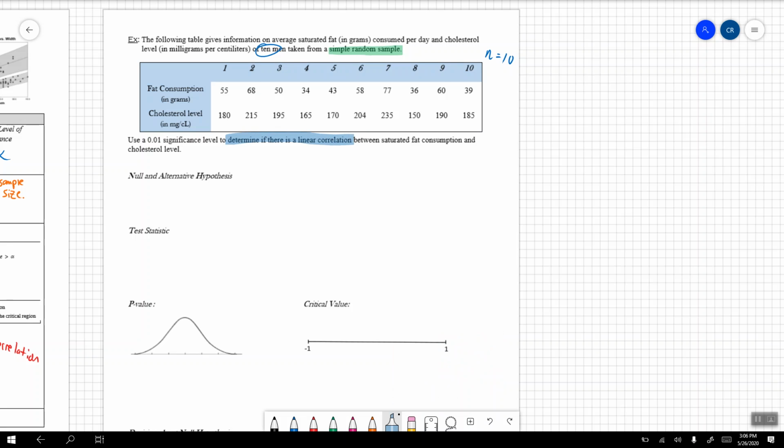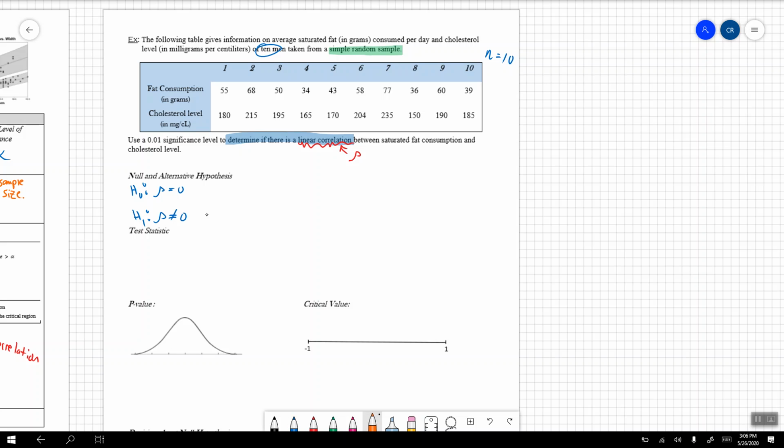Because of that linear correlation, I'm going to be looking at rho. So I have my null and I have my alternative. The null hypothesis is that there is no linear correlation. The alternative says that there is some type of linear correlation.